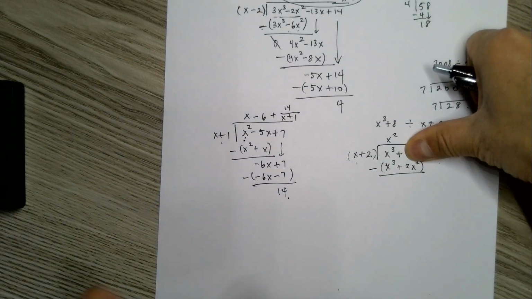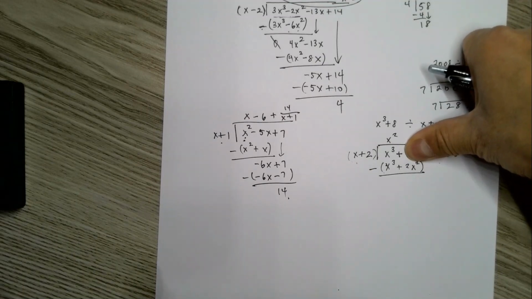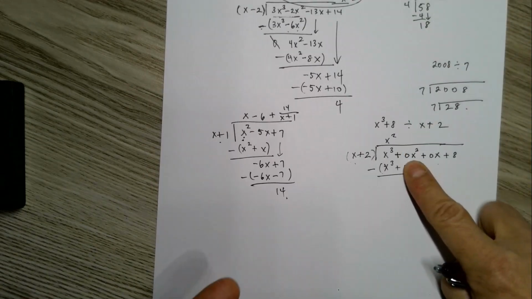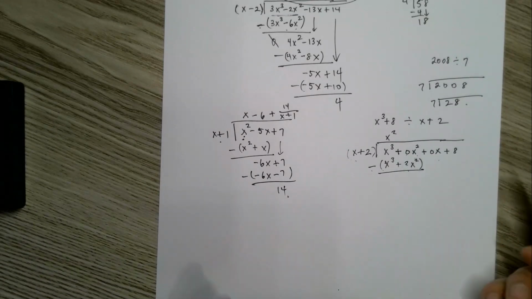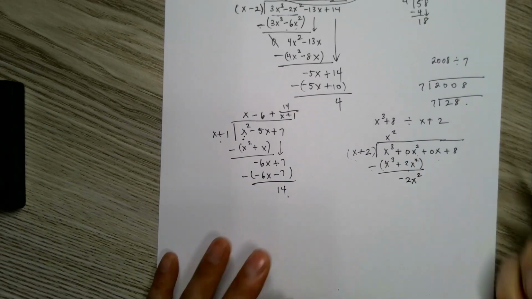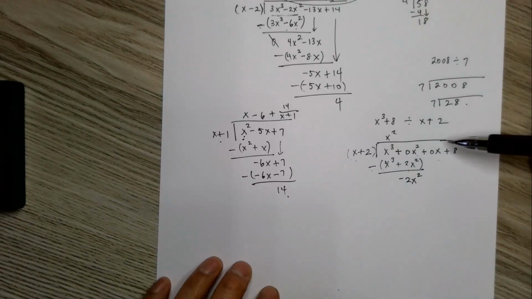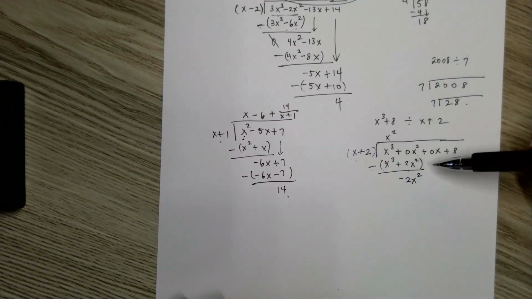Okay, maybe you can remember that you're subtracting it from 0x squareds. There are no x squareds, so 0x squareds in the dividend. But if you don't remember that, you might get stuck there. But if you see the 0x squared there staring at you, then you know for sure, oh, I'm doing 0x squared minus 2x squared, which is negative 2x squared. So that's why I highly advise that you actually write the 0x squared there.